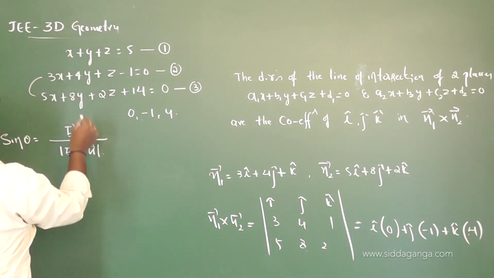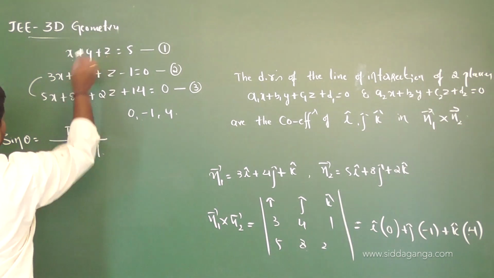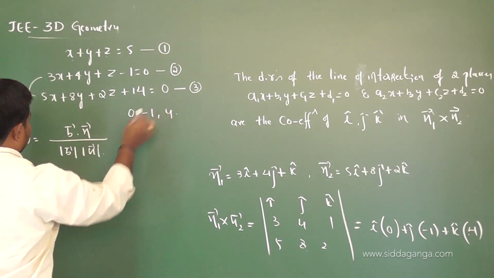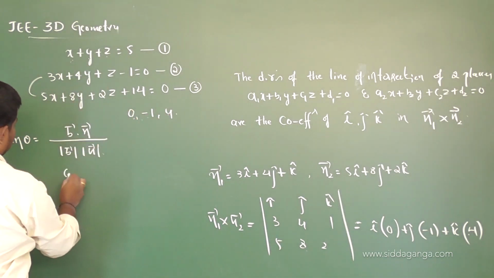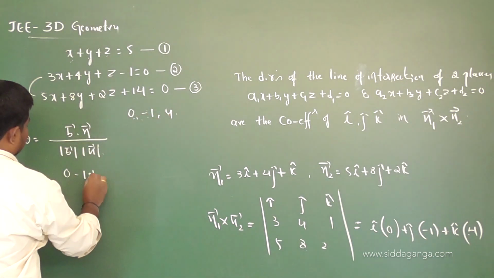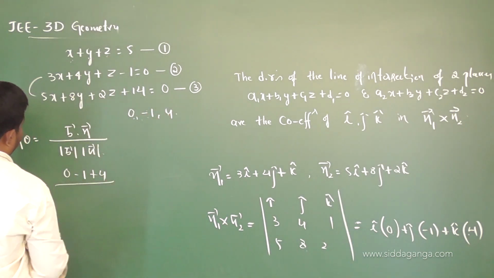The direction ratios of n are 1, 1, 1. So 1 into 0, 0, 1 into minus 1, minus 1, 1 into 4, that is 4, by magnitude of b.